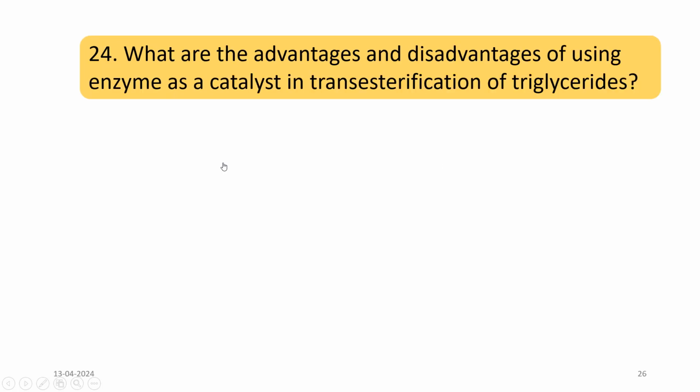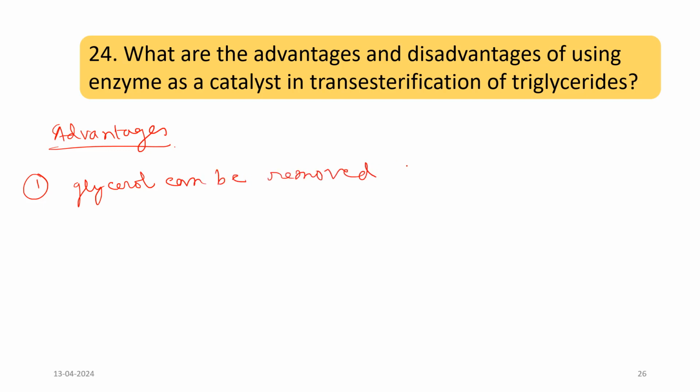Next question. What are the advantages and disadvantages of using enzyme as a catalyst in transesterification of triglycerides? The enzymatic catalyst also has some advantages and disadvantages, right? So the advantages are: first, glycerol can be removed quickly from the distillation column.